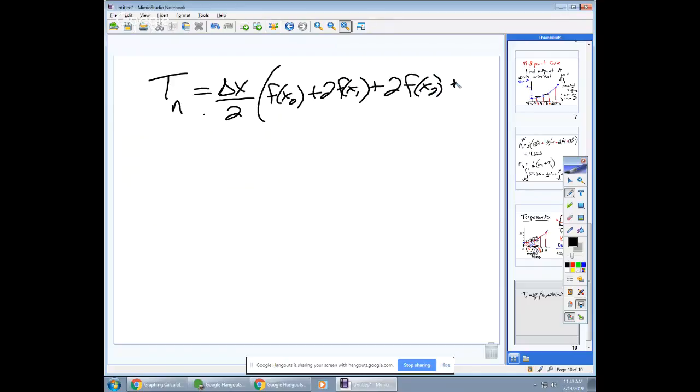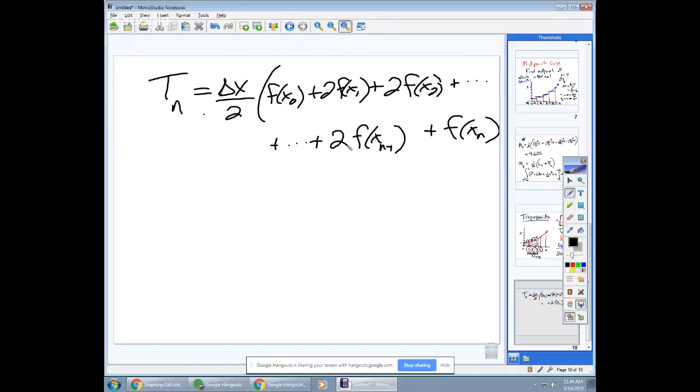And you just keep going on down the line all the way to the end. The last one is just going to be f of xn, or f of b. But right before that would be f of xn minus 1, and that one's needed twice. And that's the formula.